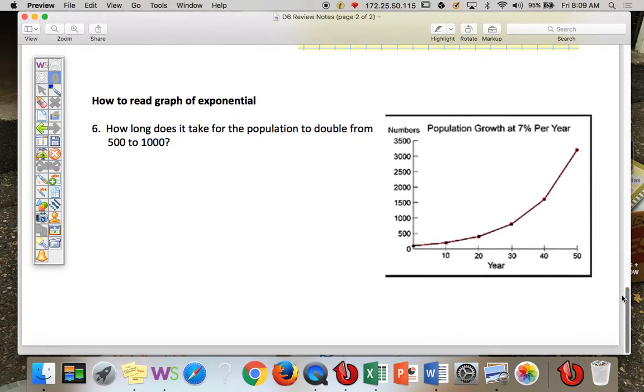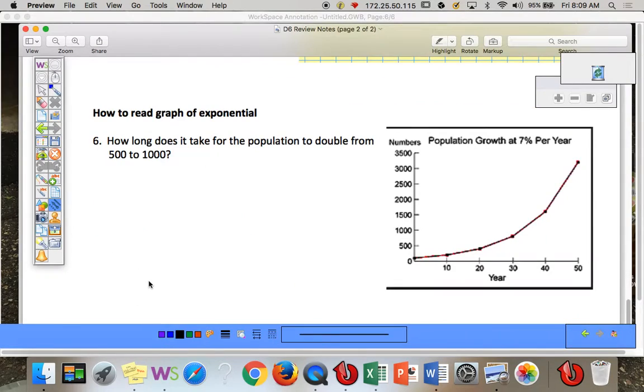All right. Last one, how to read the graph of an exponential. How long does it take for the population to double from 500 to 1,000? All right, let's find 500 first. I'm going to draw a line over and down. So I would say this is about 23 years right here. So 23 is 500. How about 1,000?